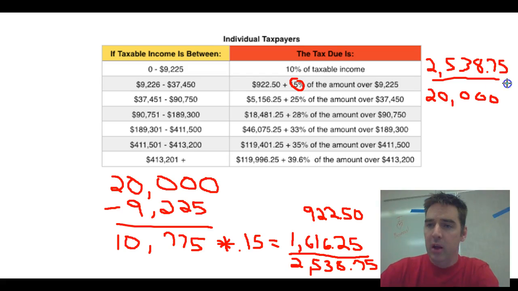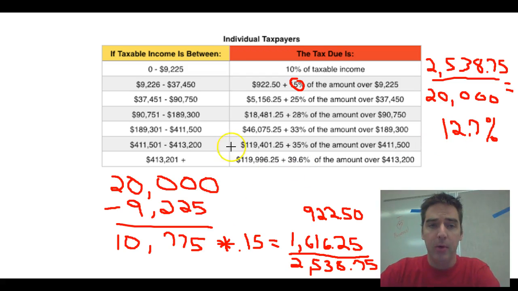So this is basically the actual rate that you're paying on your overall income. So when you do that, you get 12.7%. So someone who has taxable income of $20,000 pays an effective rate of 12.7%.